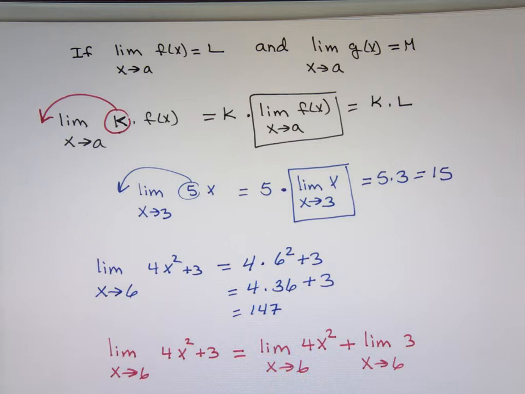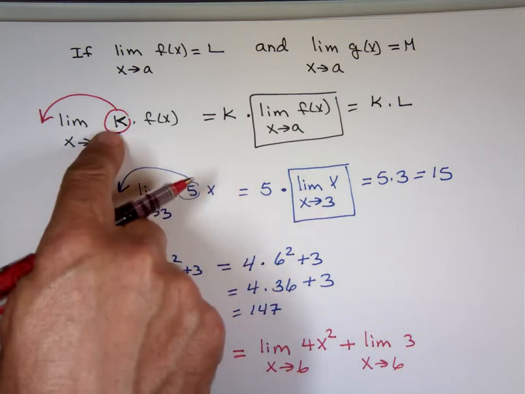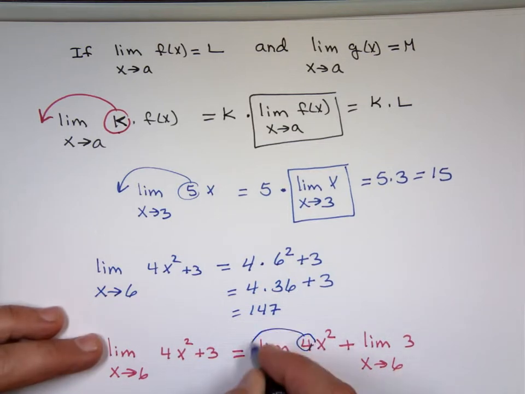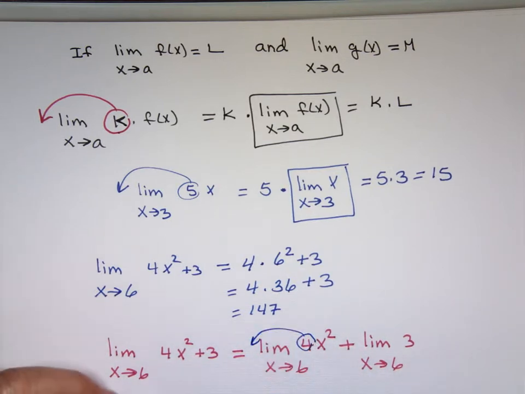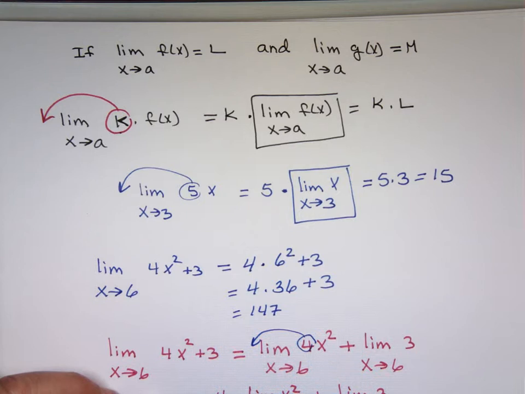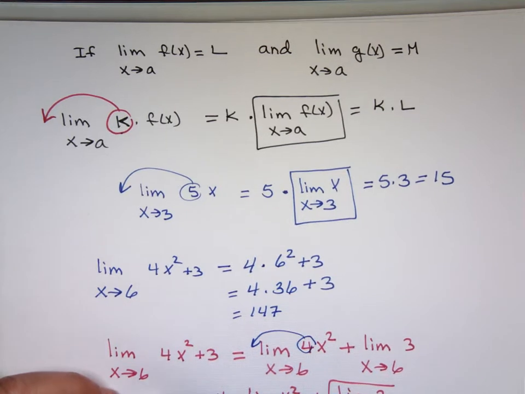And if you want to, you can take that 4 and move it to the front, because that's one of the rules right here. So you can make that 4 times the limit of x squared as x approaches 6 plus the limit of 3 as x approaches 6. And now find the answer to each one, and you should have the same answer.